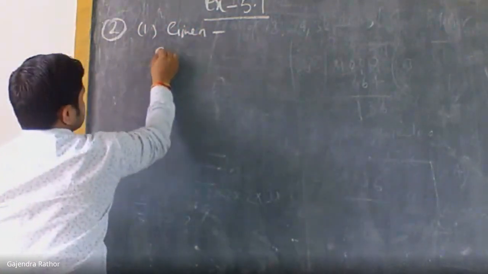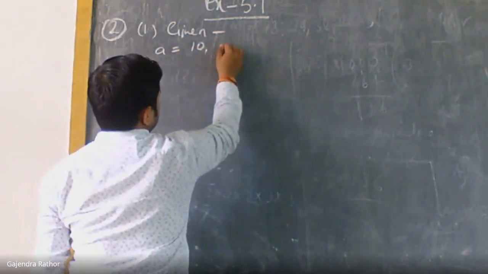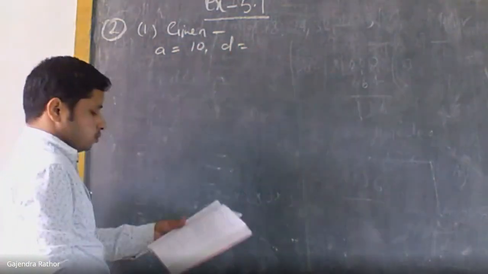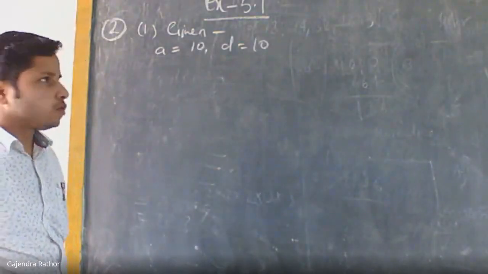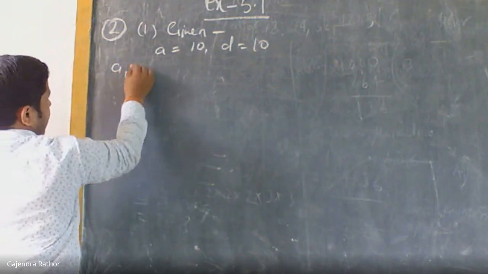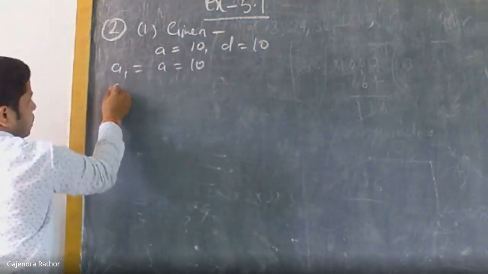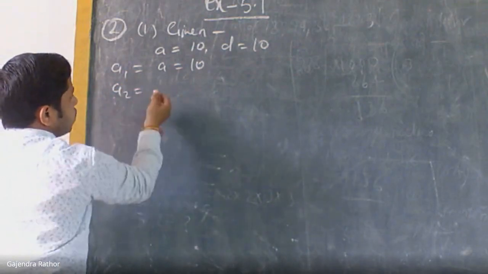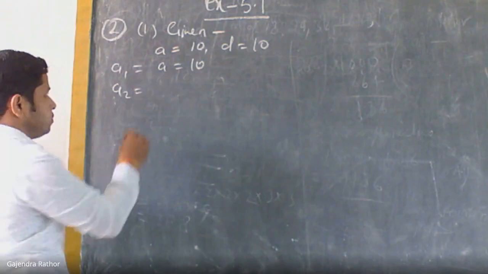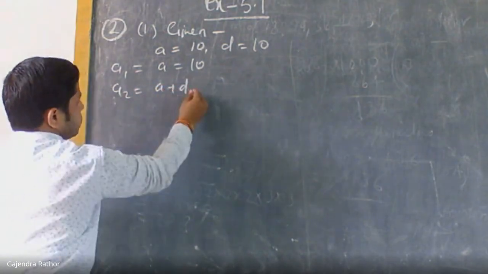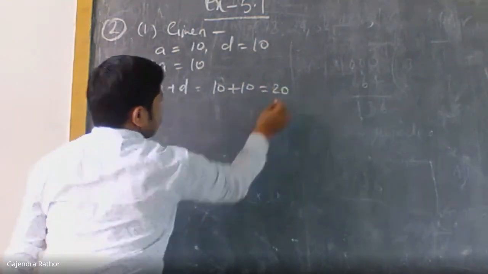First, given a is equal to 10 and d is also 10. So the first term a1 is equal to a, which is 10. Next is a2. Remember the standard form of AP: a2 is equal to a plus d, equal to 10 plus 10, which is equal to 20.